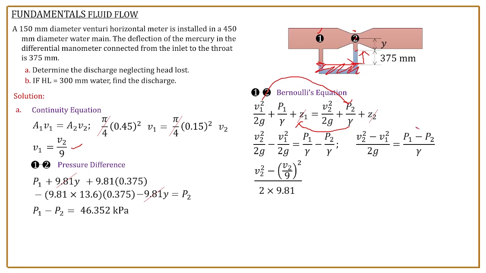Nakikita natin itong P1 minus P2, that is 46.352 kilopascal divided by our unit weight, since that is water, that is 9.81. Solving for V2 here, I'll give you 1 minute para i-solve.